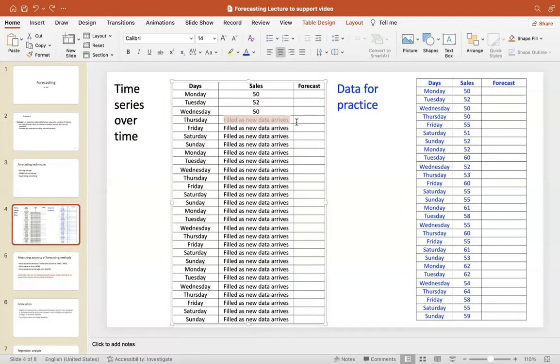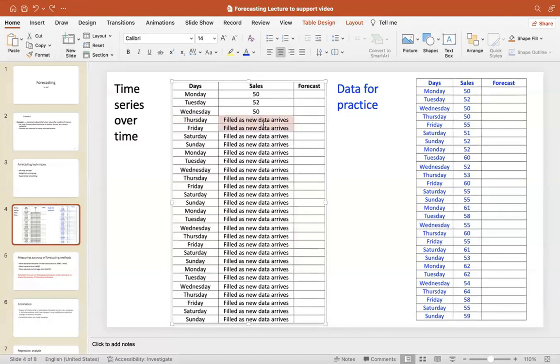I will make a forecast for Thursday using the data of Monday, Tuesday, and Wednesday, because these are the only three values that are available to me. These forecasts will be filled in the last column. As soon as Thursday is over and you have the data for Thursday, I will fill it in this column.